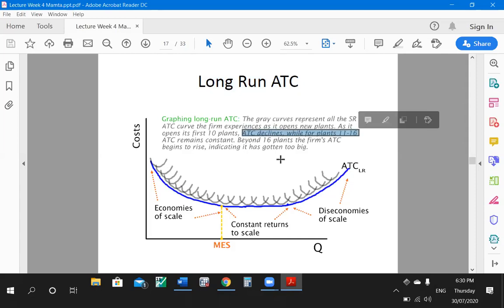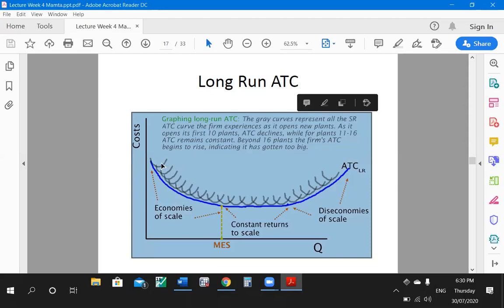So you see here, these are your short run curves for all of the plants that you produce: 1, 2, 3, 4, 5, 6, 7, 8, 9, 10. Till this 10th, it is going down, down, down.